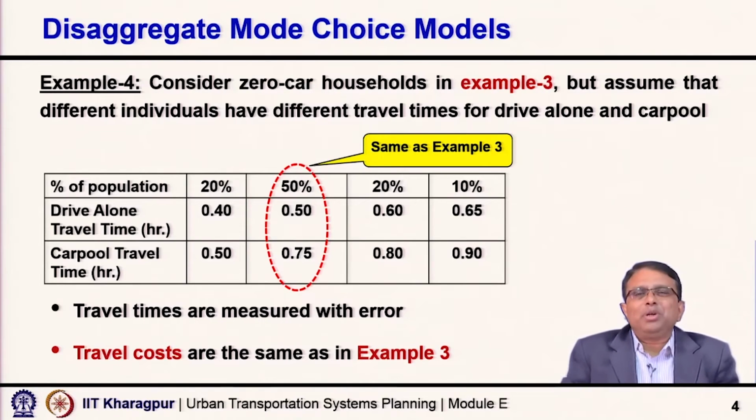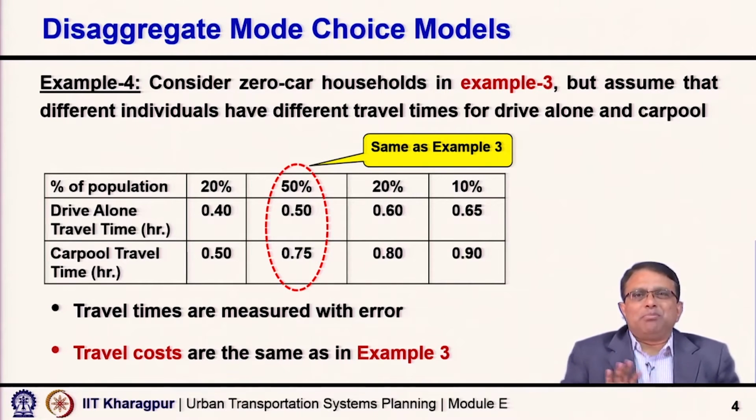Let us take an example. Hopefully, you remember the example we took in the previous lecture. We took 0 car, 1 car, 2 car, and let us take the 0 car part, no vehicle in the ownership, all values are 0.